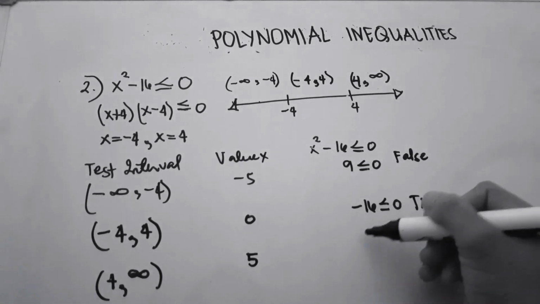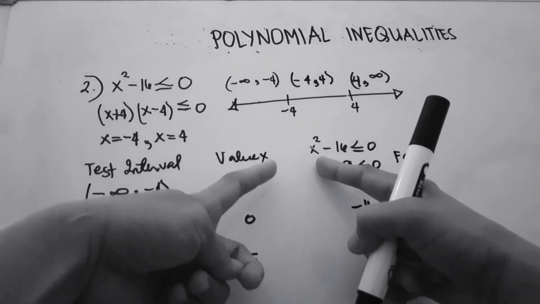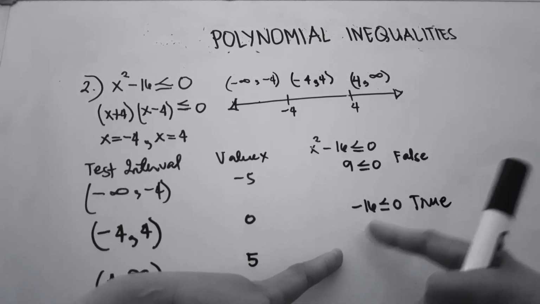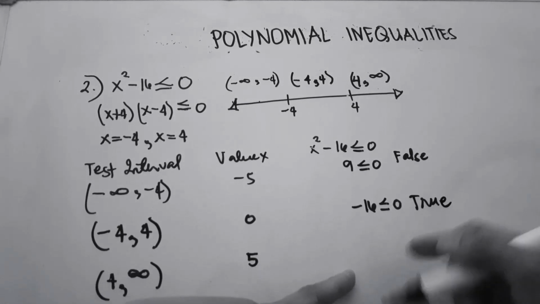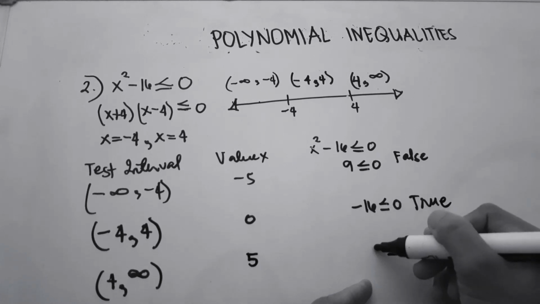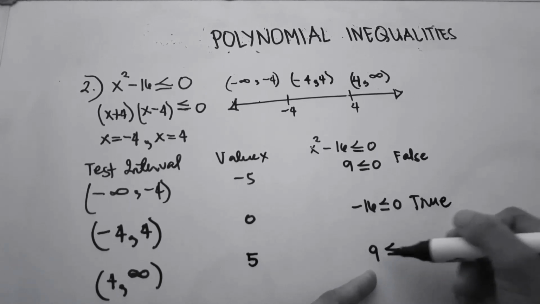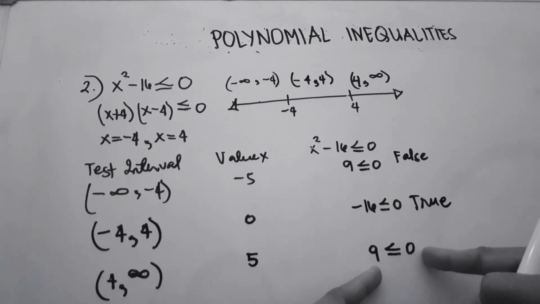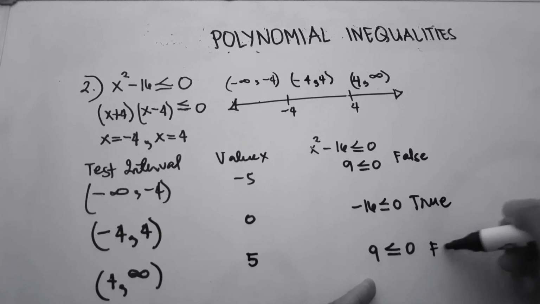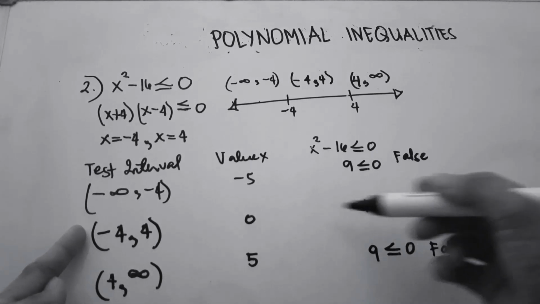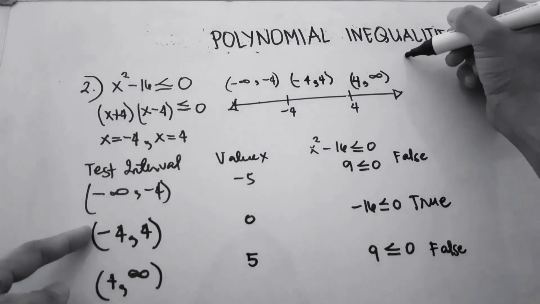Substituting, 5 squared is 25, minus 16, is equal to 9. Since 9 is not less than or equal to 0, it is a false statement. And the true statement is the interval in interval notation.